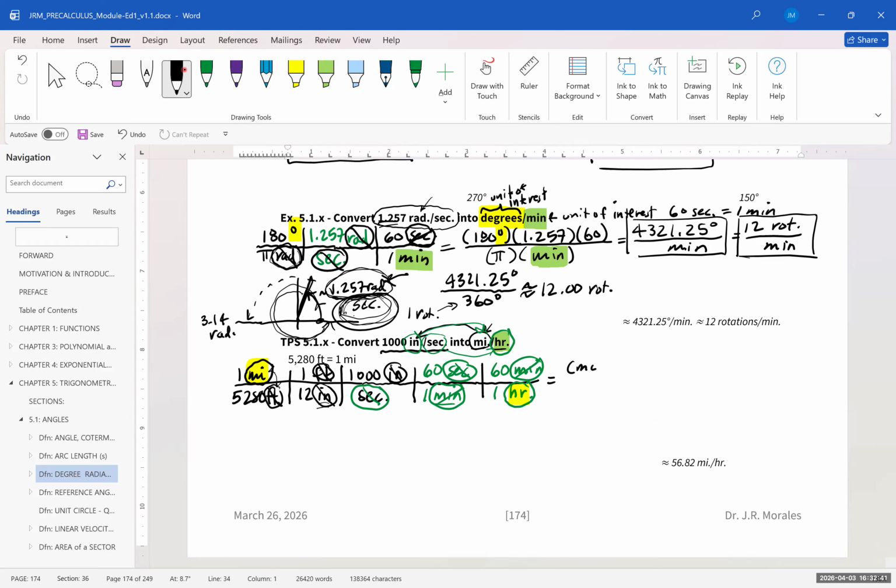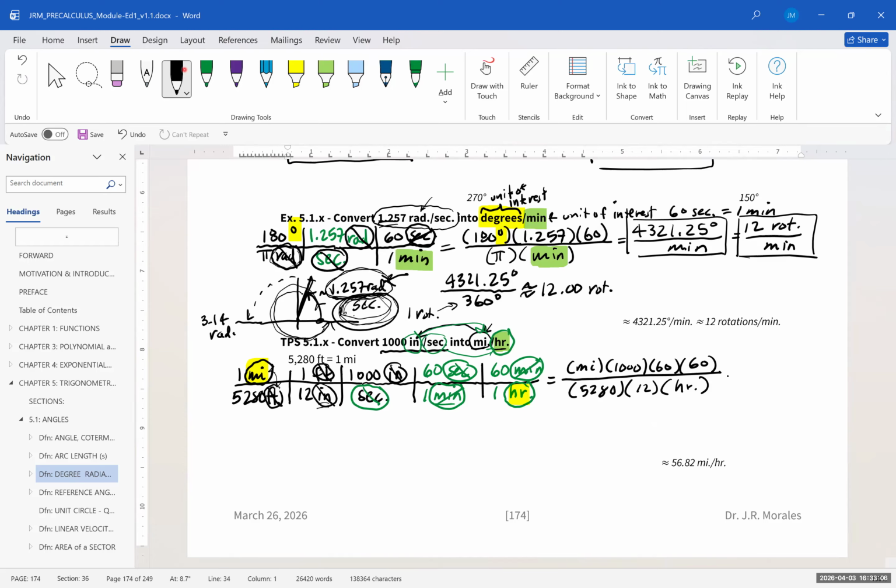So we've got our unit of miles times 1,000 times 60 times 60 all over 5,280 times 12 times our units of hours.